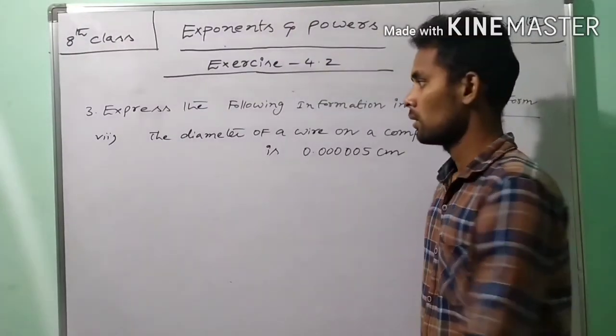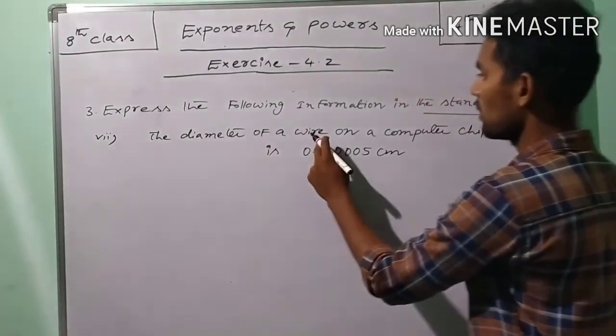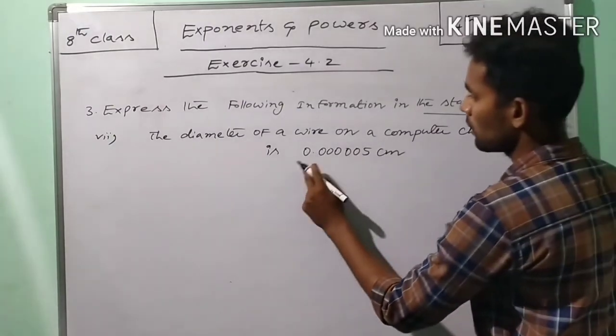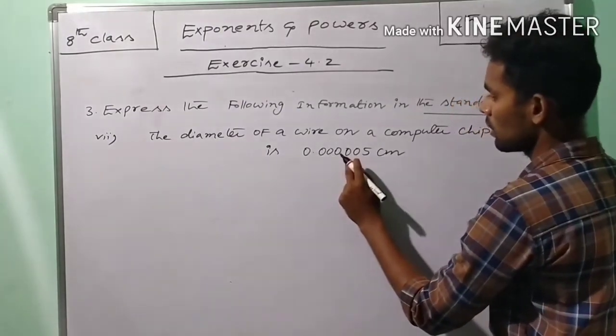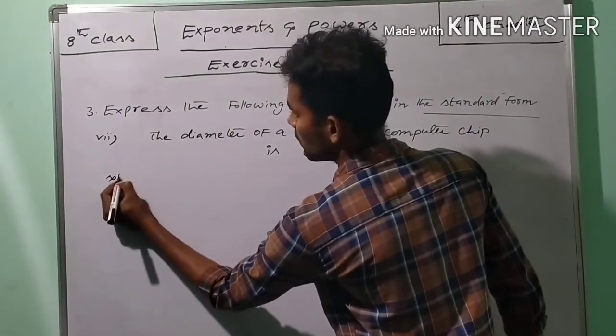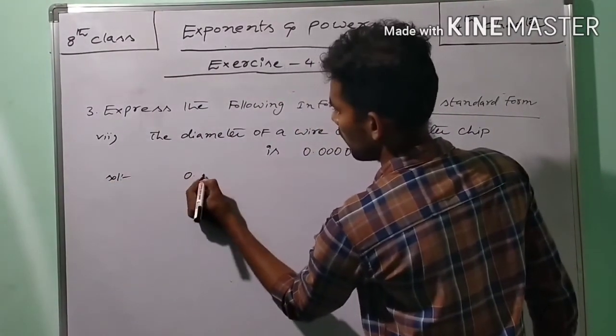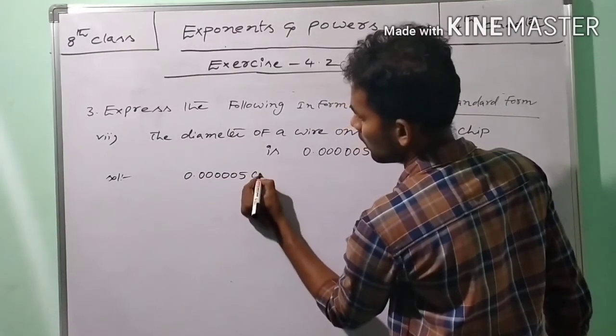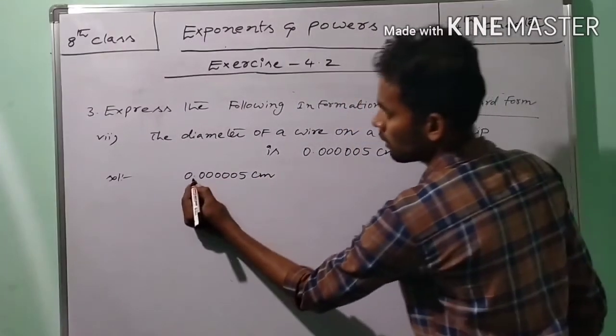Seventh question. The diameter of a wire on a computer chip is 0.000005 centimeter. Solution: 0.000005 centimeter. Decimal point here.